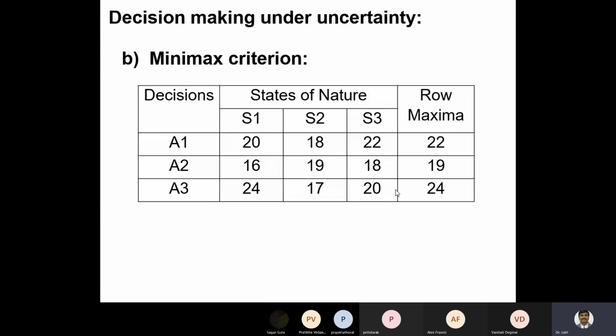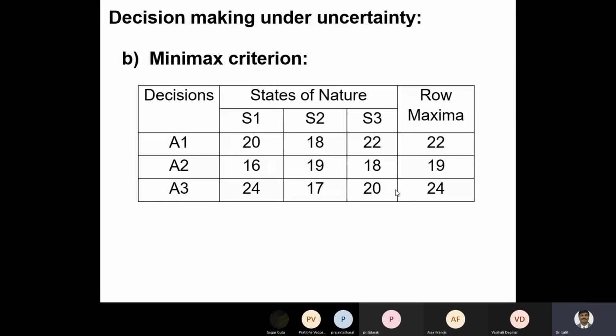Now, to take a decision, we calculate the row maxima, because we want to minimize the maximum losses. First we determine the maximum losses associated with each course of action.